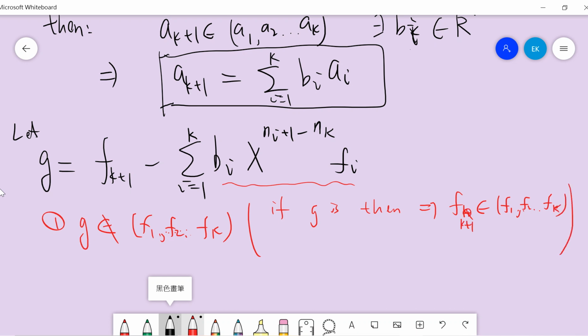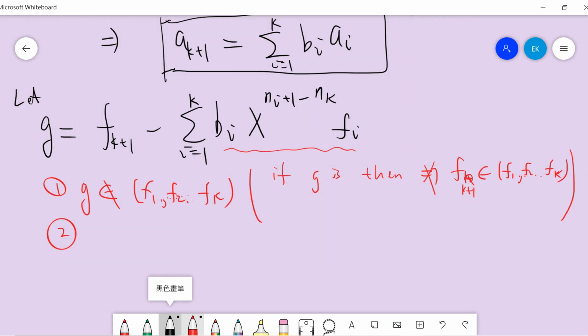That is a contradiction. So g must not be in this ideal. Also, about the degree of g: we don't care so much about the degree itself, but we care about the leading coefficient of g.